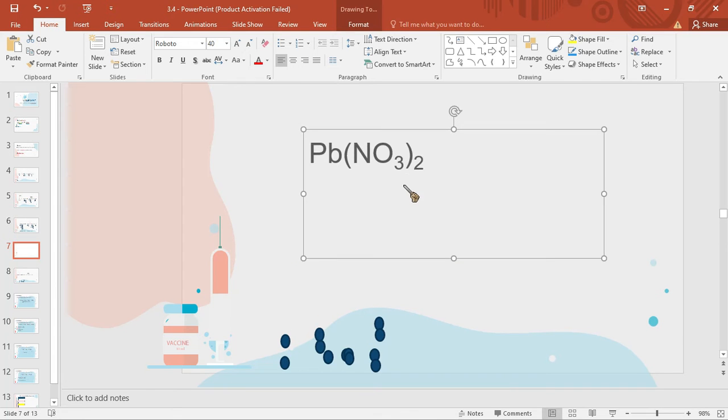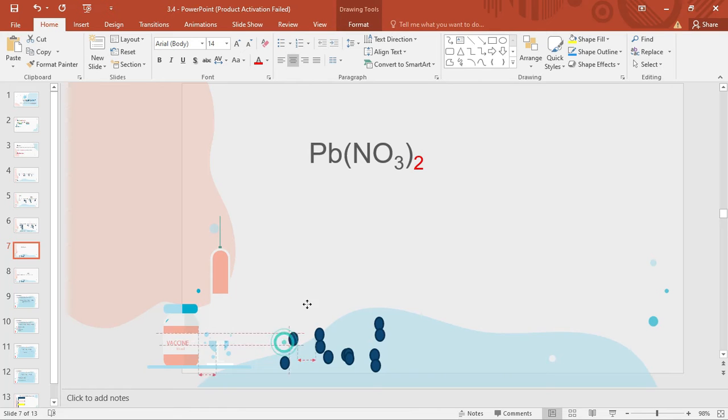Sometimes when I see the module, students always think this subscript, remember again, this number 2 here is a subscript. Sometimes I see that you always relate this 2 with Pb.